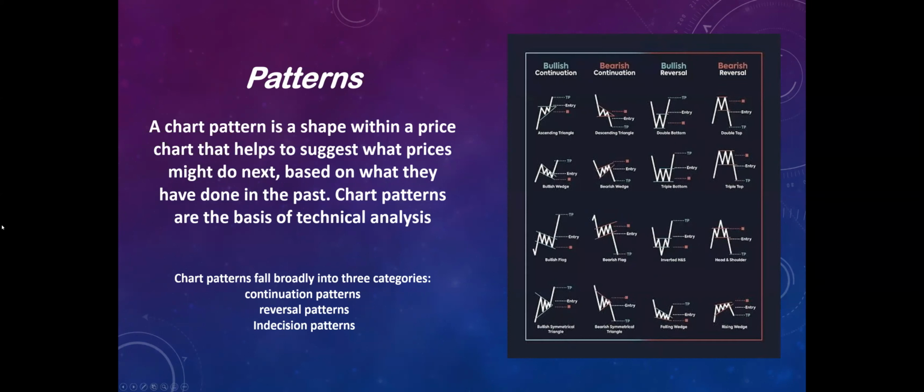And as everyone knows, the chart patterns are the basis of technical analysis. All right, so for chart patterns, there are 3 categories: continuation patterns, reversal patterns, and indecision patterns. We're going to start talking a little bit about the continuation patterns, and a little bit about reversal patterns.